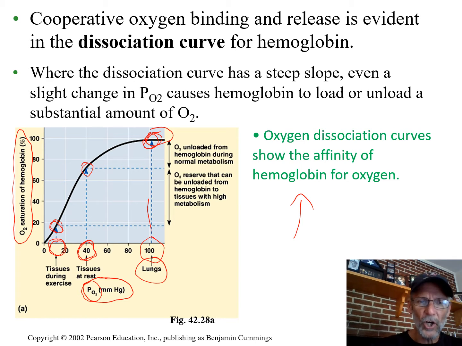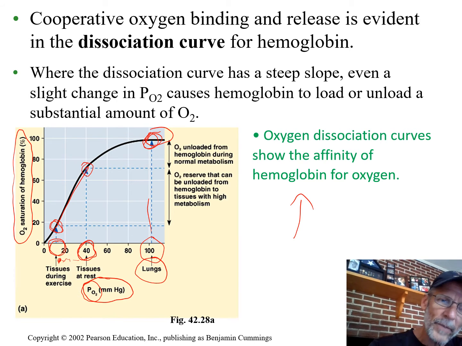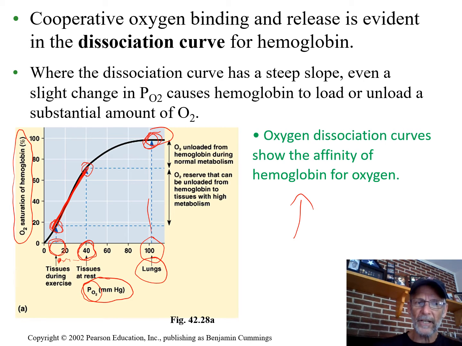So what does this show? This shows when there's little oxygen around and its concentration starts to increase just a little bit, your hemoglobin gets really better at grabbing it. This really positive slope here is an indication of cooperativity.